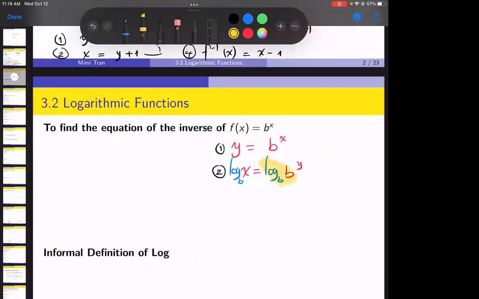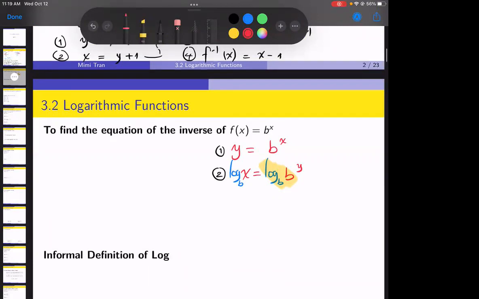The log base b and the b cancel. Why? Because of inverse. Now the y drops down because the exponential disappears. Now I have log base b of x equals y. And that is f inverse of x.